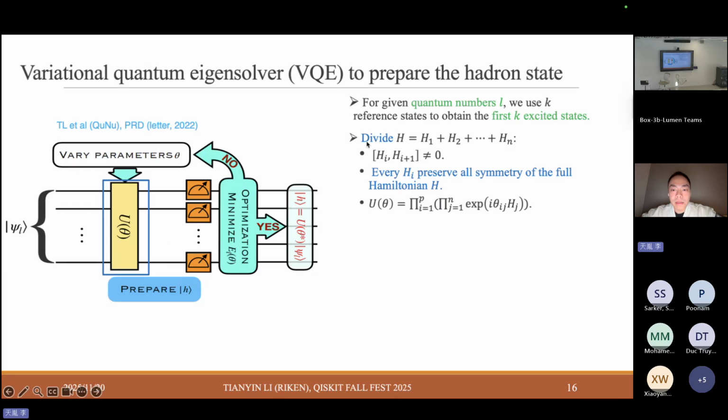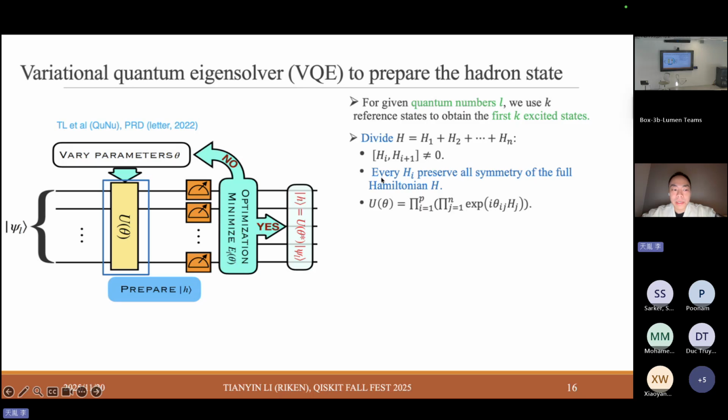To do this, we can divide the Hamiltonian into n different parts, and the adjacent Hamiltonians Hi and Hi plus 1 should not commute with each other, and every Hi needs to preserve all symmetries of the full Hamiltonian.